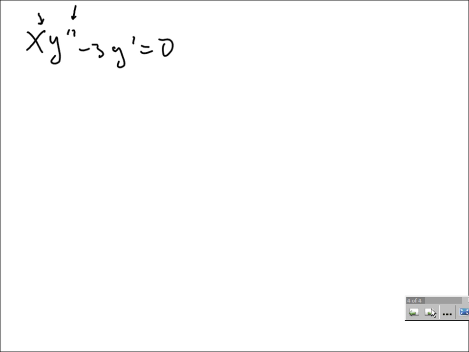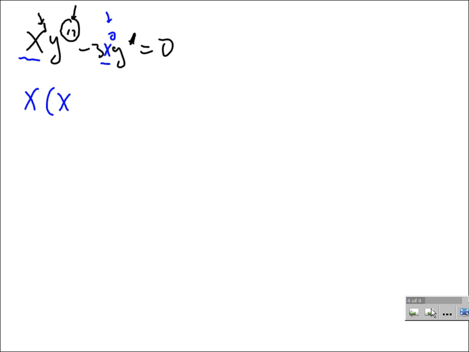It could have been 0. But what is important is it's 1 less than what it should be. And here we have y prime with a power of 1, and we have an understood x to the 0. That power should be 1. It's 1 less. Since both of these powers of x are 1 less, I can just multiply through by x.